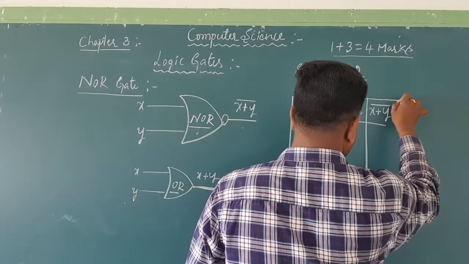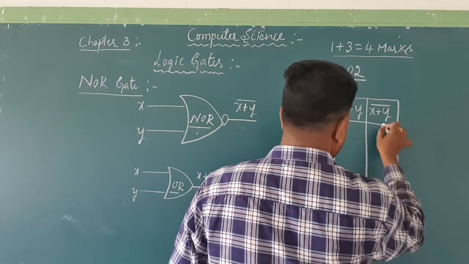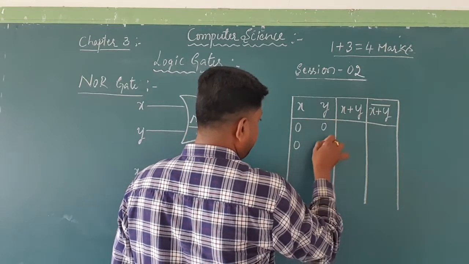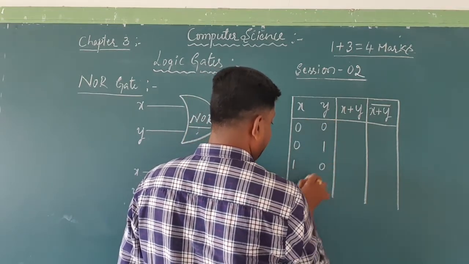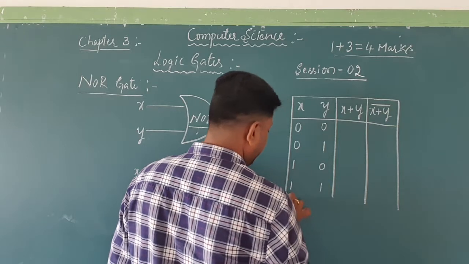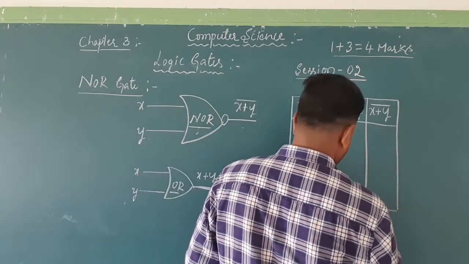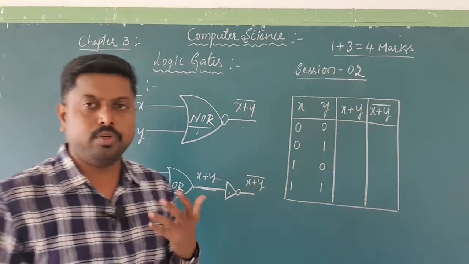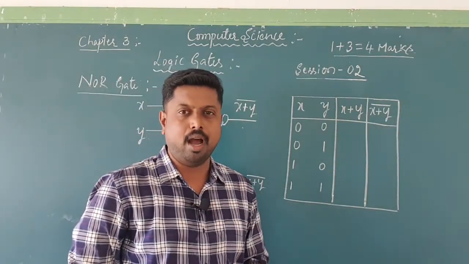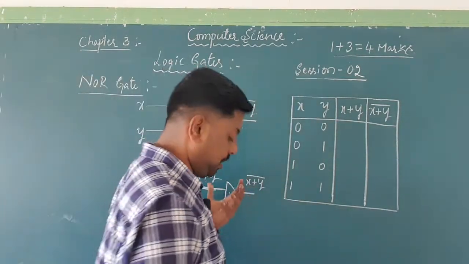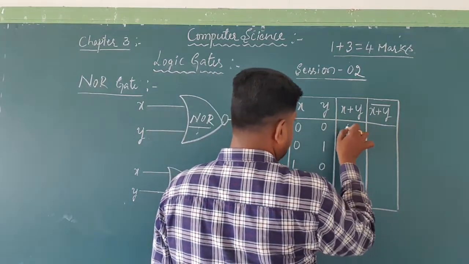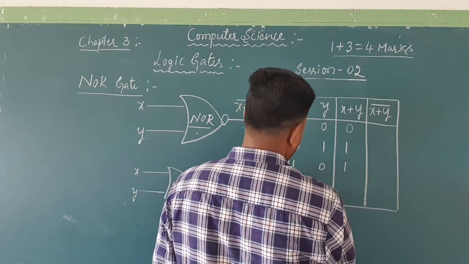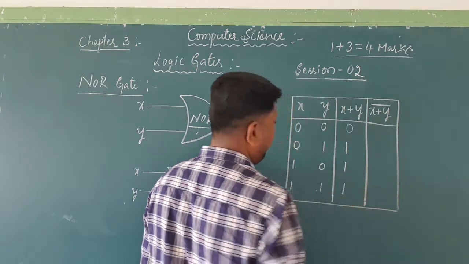That's why X plus Y whole bar will be the result. 0 0, 0 1, 1 0, and 1 1 will be the inputs for this truth table. As you know, in the OR gate, 0 plus 0 is 0, 0 plus 1 is 1, 1 plus 0 is 1, 1 plus 1 is 1.